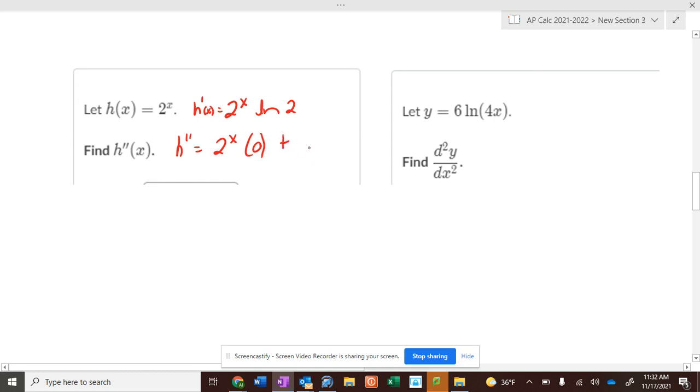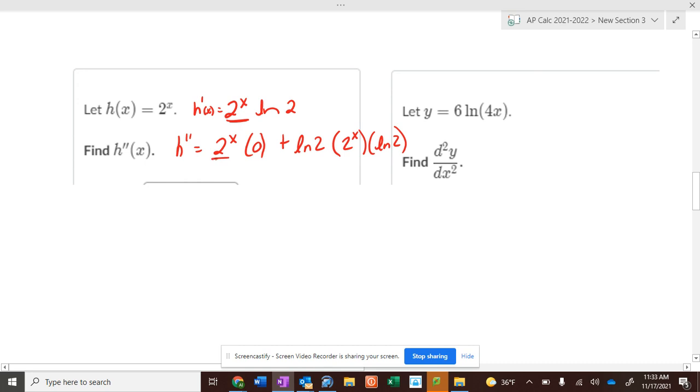Plus the first derivative of 2 to the x. Hey, we got to do that again. Or plus the ln of 2 times the first derivative of 2 to the x, which is 2 to the x times, again, the ln of 2. Where are we getting that? Why are we adding? Okay, product rule.